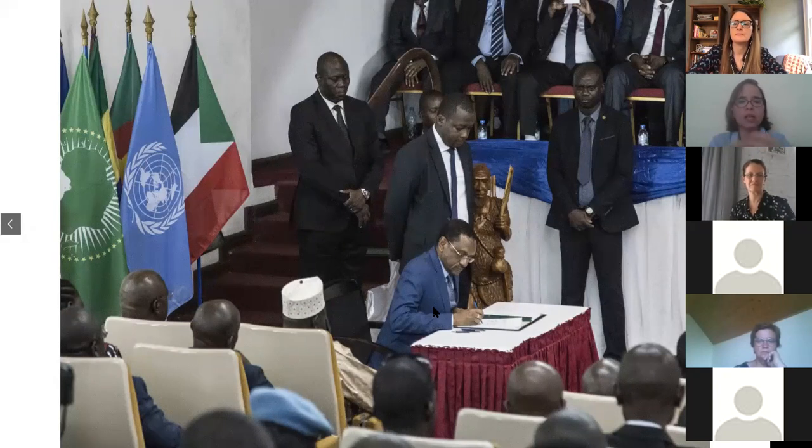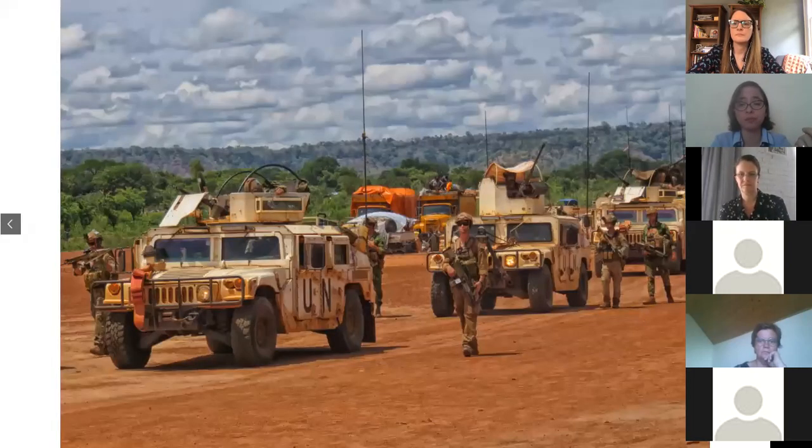Signing a peace agreement, as we all know, unfortunately doesn't mean that conflict is immediately going to end. It's just a phase that needs to be worked on. So the Security Council has been continuing to work with actors in Central African Republic to make sure that there's progress towards peace.